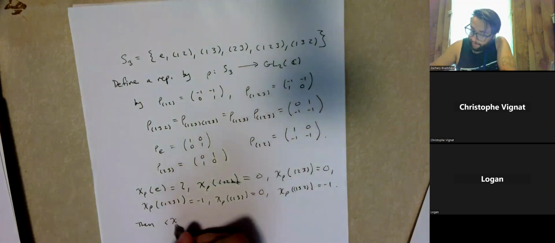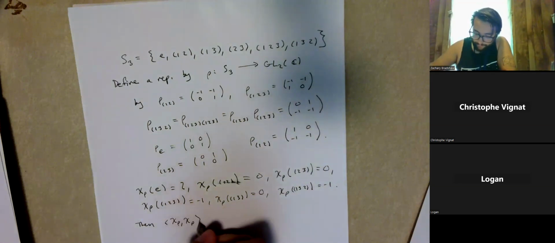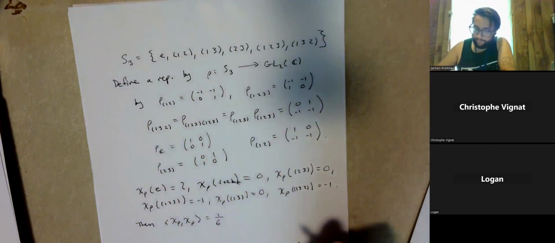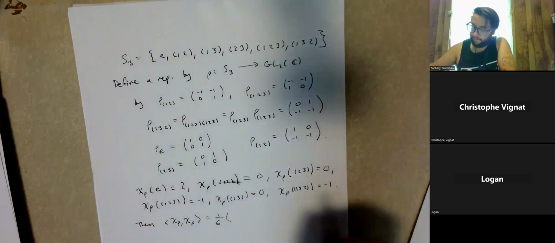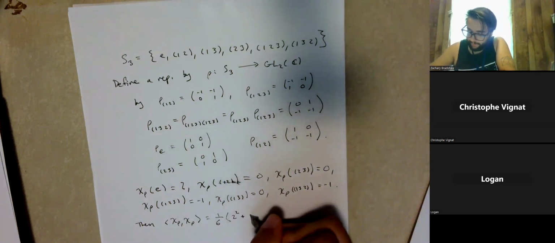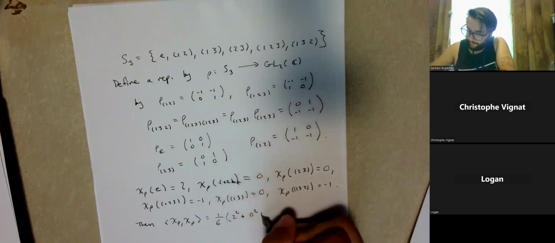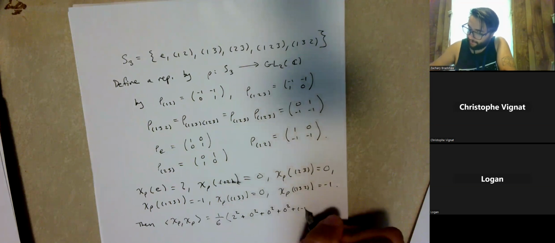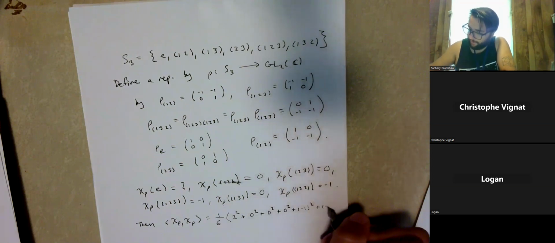Okay, so then what we're trying to figure out is whether or not rho is irreducible. Well, we have that chi rho inner product with itself is 1 over the order of the group, which is 6, times 2 squared plus 0 squared plus 0 squared plus 0 squared plus (-1) squared plus (-1) squared.